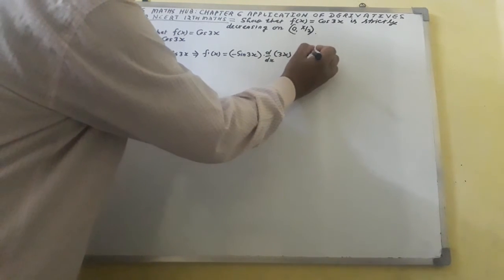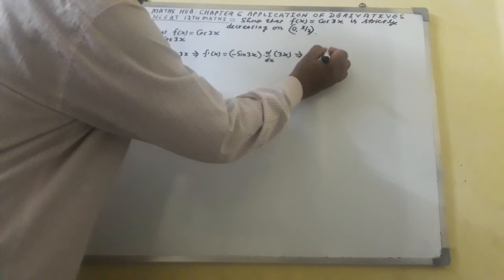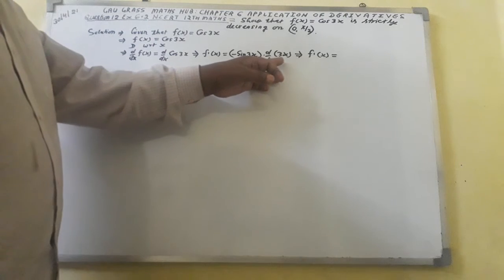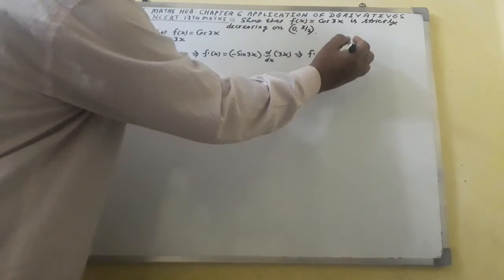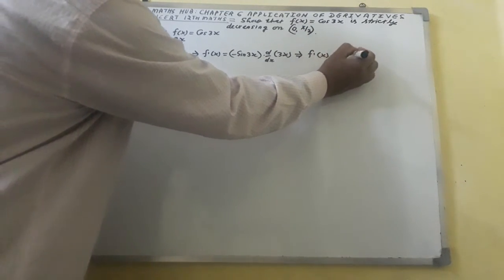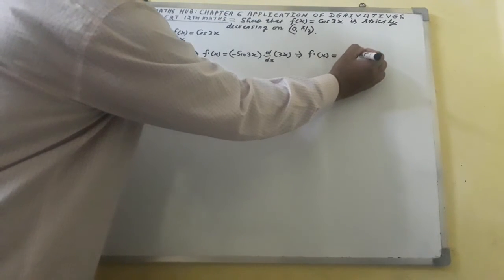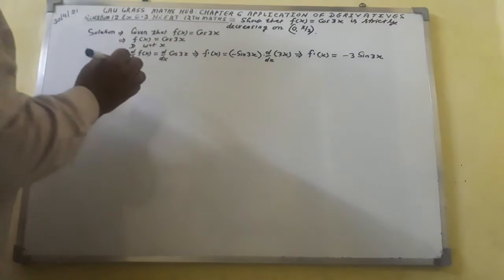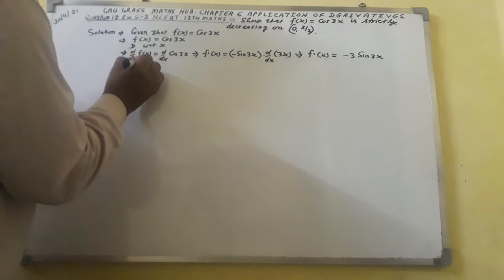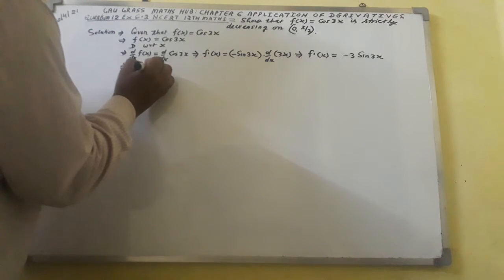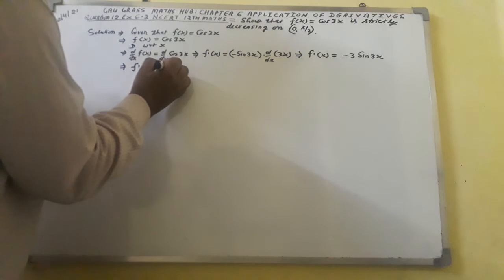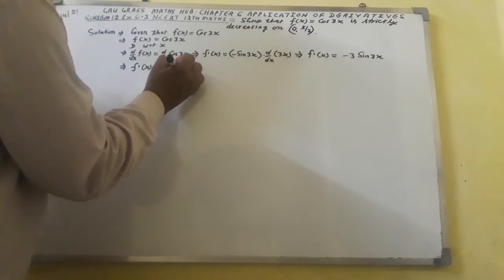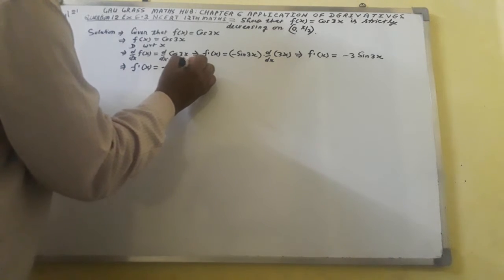We shall get f dash of x equal to, d over dx of 3x comes out to be 3, so minus 3 sin 3x. So we have got f dash of x equal to minus 3 sin 3x.